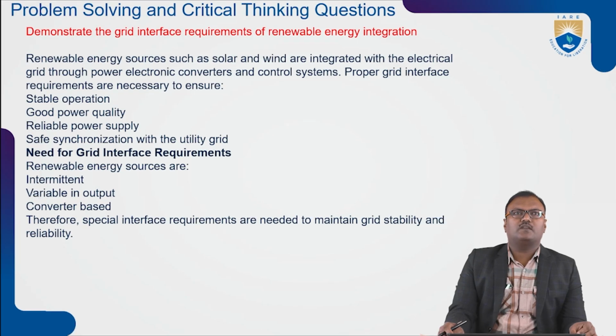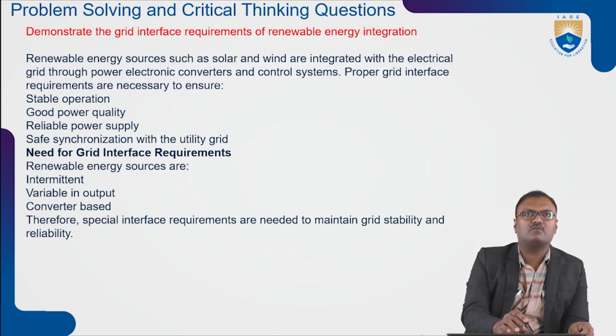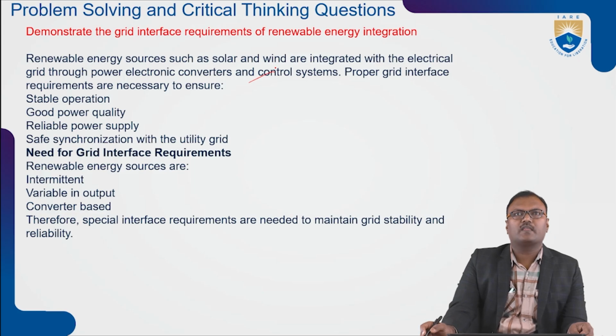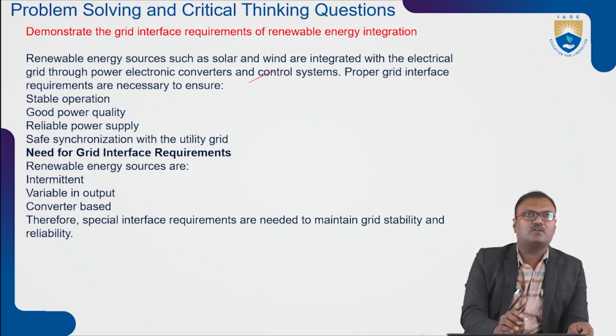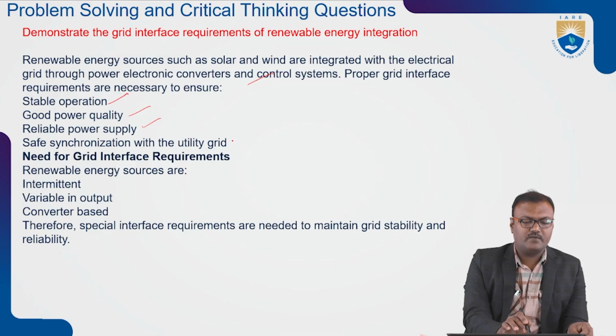In renewable energy integration, energy sources such as solar and wind are integrated with the electrical grid through power electronic converters and control systems. Proper grid interface requirements are necessary to ensure stable operation, good power quality and reliable power supply, and safe synchronization with the utility grid.